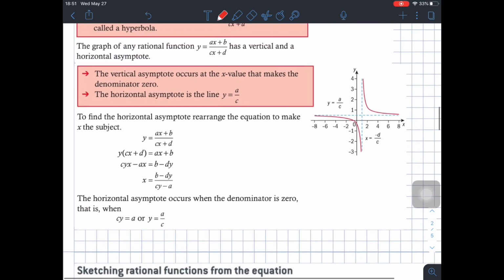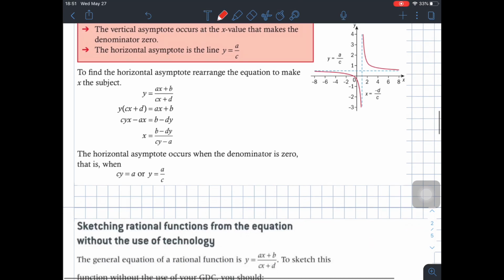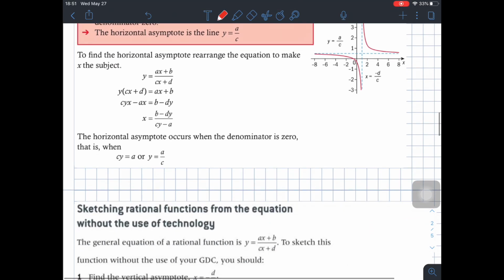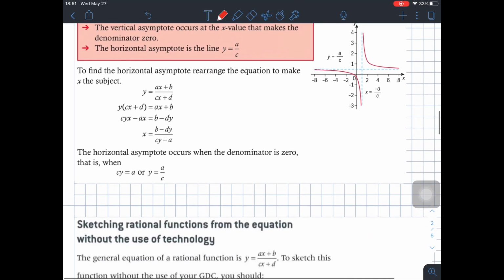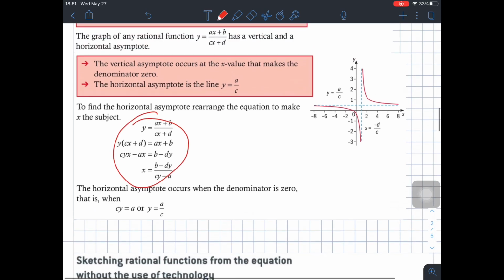So it says to find the horizontal asymptote, rearrange the equation to make x the subject. Okay, here's a small demonstration of why the horizontal asymptote is always a divided by c. Basically what we do is kind of an inverse here.